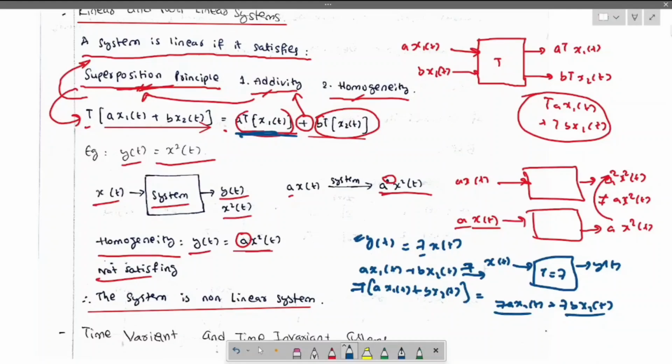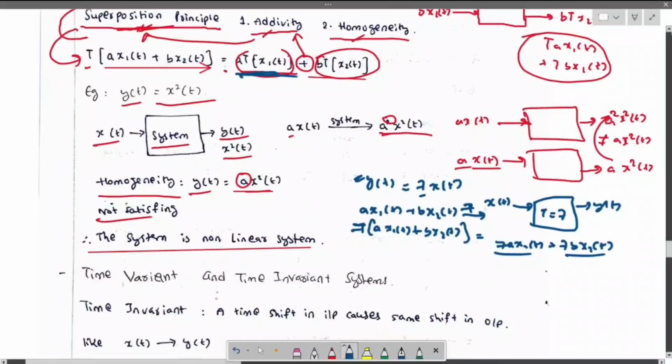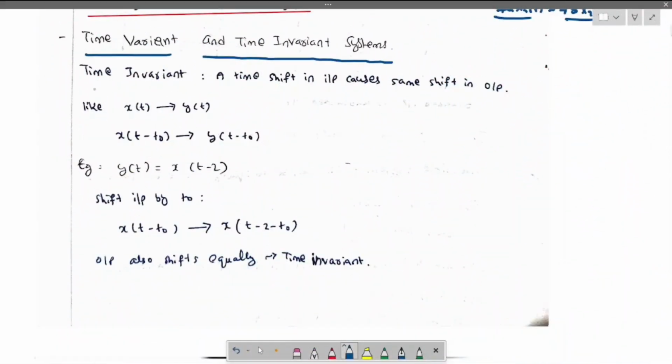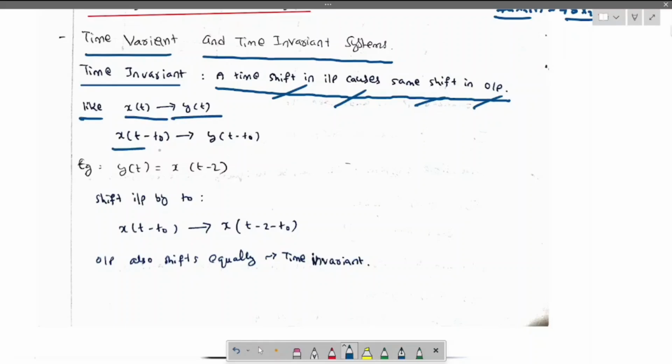Okay, now let us go to another type. Let us see time invariant. In a time-invariant system, a shift in input causes the same shift in output. If the shift in input results in the same shift in the output, like x of t gives y of t, then x of t minus t naught gives y of t minus t naught.